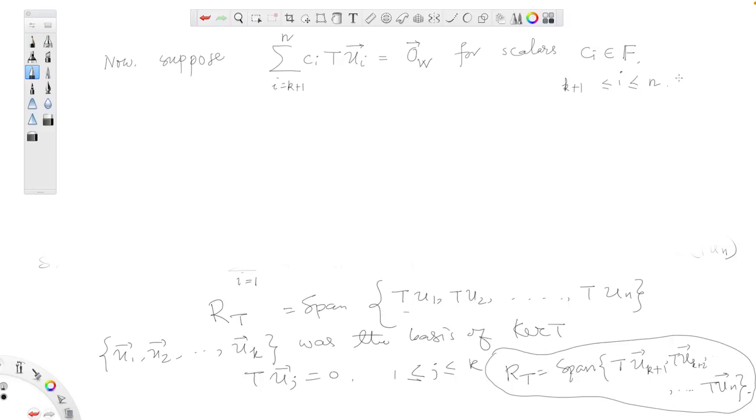So we set an arbitrary linear combination of these n minus k vectors T Ui to be the zero vector of the vector space W.